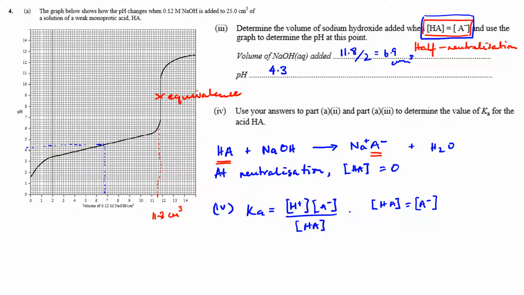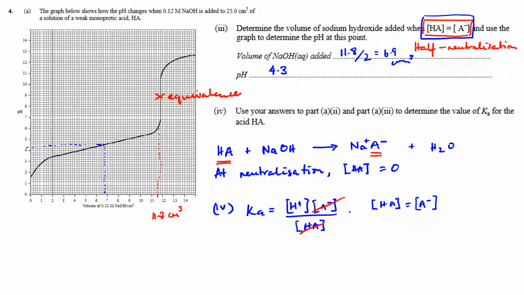So these cancel. If one is the same as the other, they cancel, and therefore Ka is the same as the hydrogen ion concentration at half neutralization or half equivalence. That means if we knew our hydrogen ion concentration, then we'd be able to work out our Ka, which is what the question's asking us for.